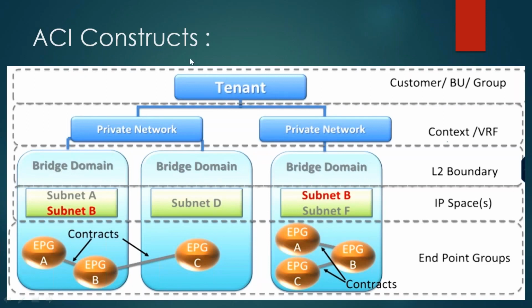All right, so now we have the construct of ACI, meaning what the building blocks for ACI are. On the top view, ACI actually has two types of components. So what are the components we have in ACI? One is logical, the other is physical.